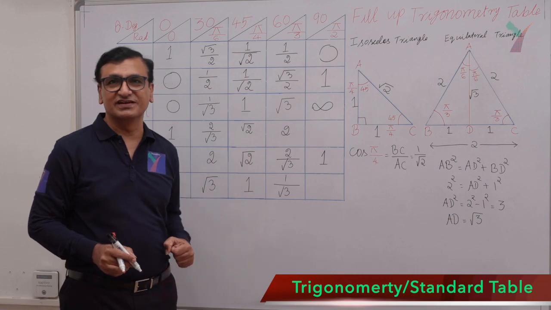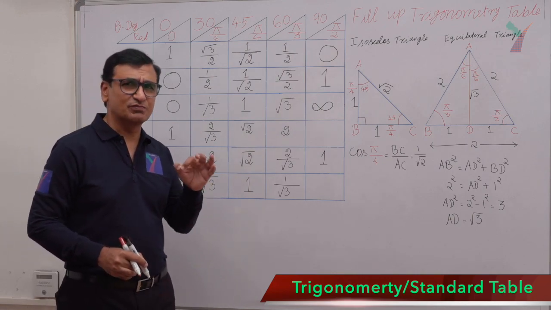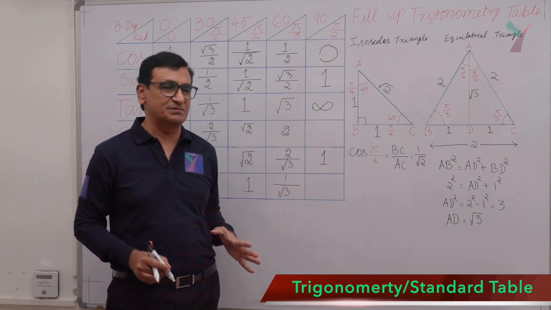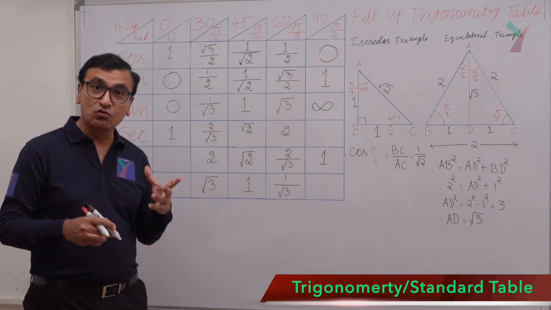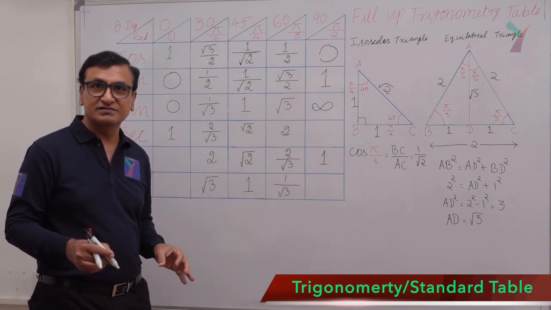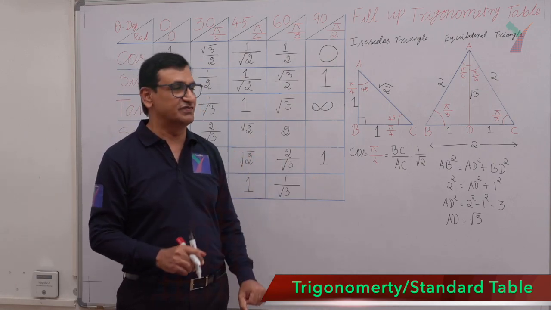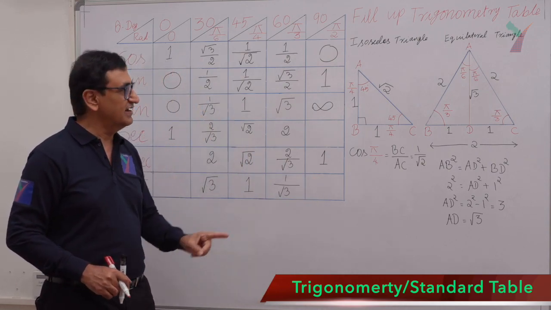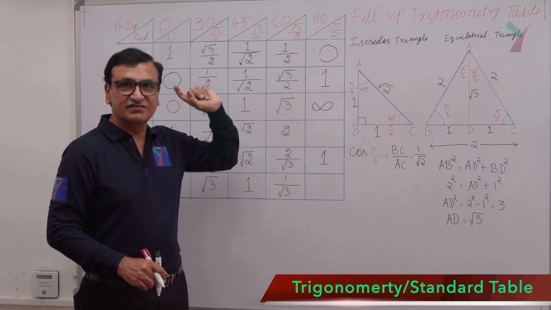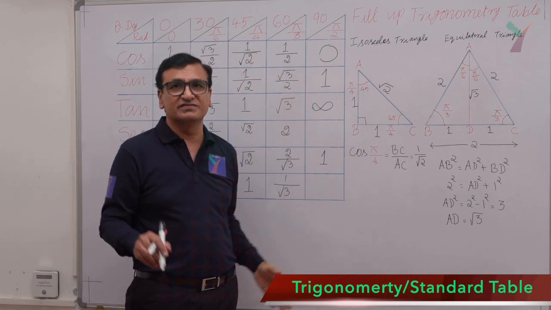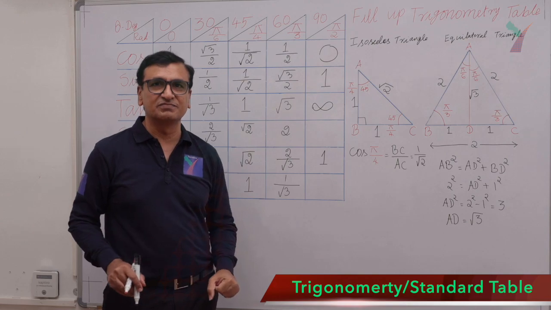But why is it infinity? Infinity is a very profound and intriguing concept. We will talk more about it later when I'm doing an exclusive video on infinity. But for now, you take it that any number divided by 0 is infinity.